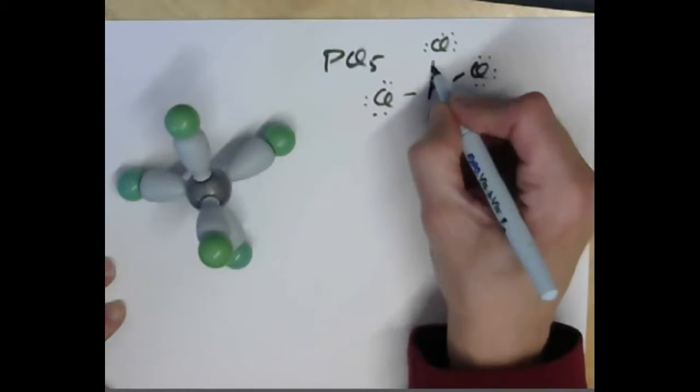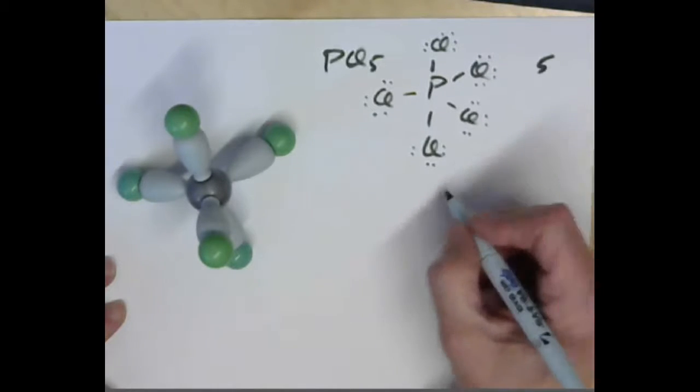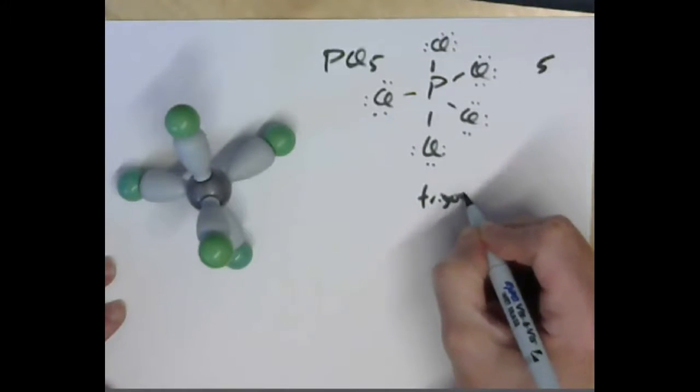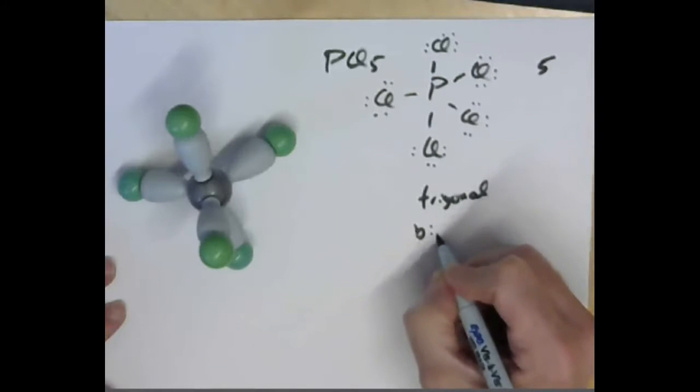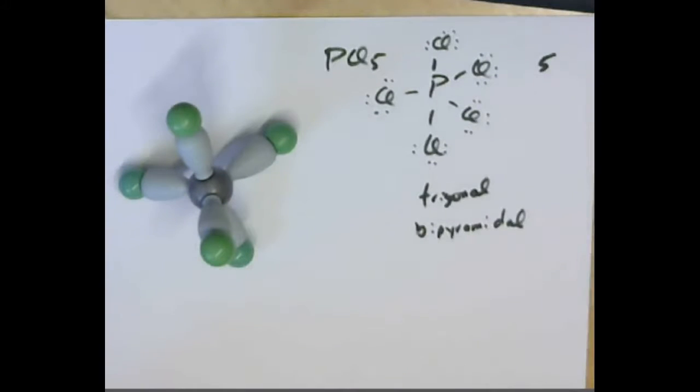When we're looking at electron domain geometry with 5 domains, this is a trigonal bipyramidal electron domain geometry, and it's also the molecular geometry or shape.